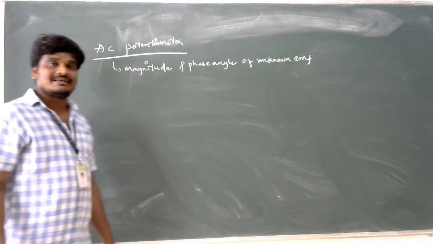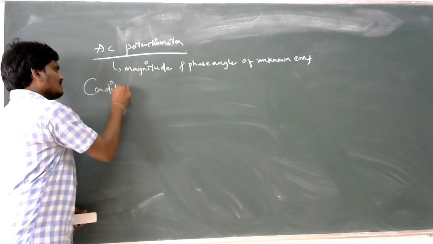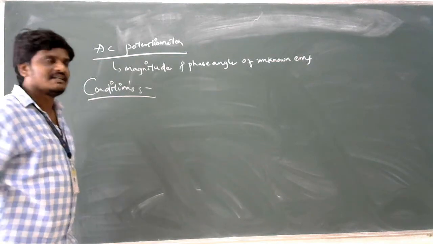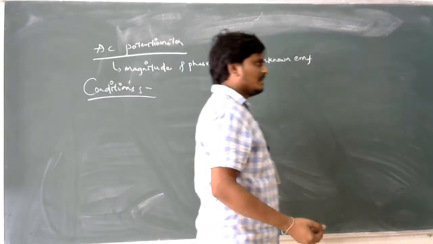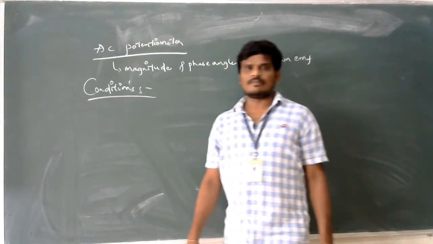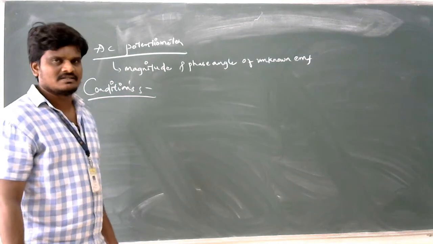Now we will go to the conditions. The reason for the conditions is the satisfactory operation of an AC potentiometer. For satisfactory operation, we need to follow certain conditions.